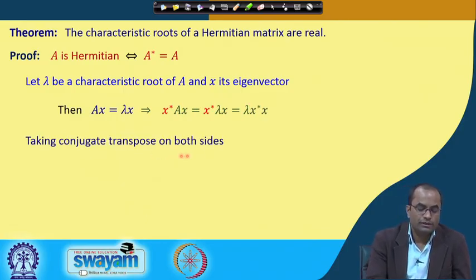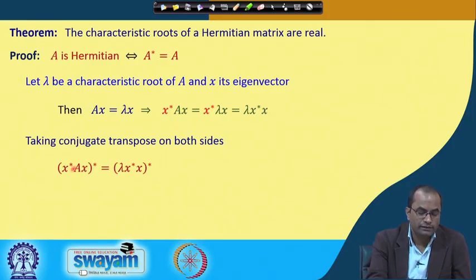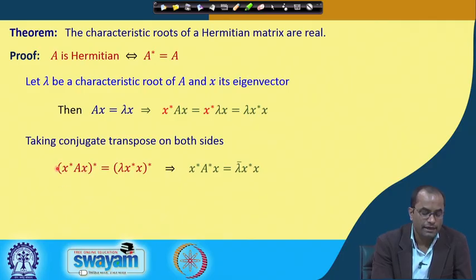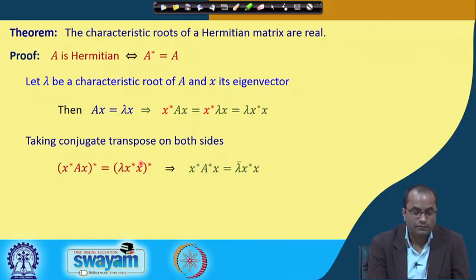Now we take the conjugate transpose on both sides of this equation, x star A x is equal to lambda x star x. What do we get here? X star A x, we take its conjugate transpose, and by the properties this will be x star, A star, and again x star star, which is x. On the right side we have the same scenario, x star, and then x star star becomes x, and lambda will have its conjugate, lambda bar.